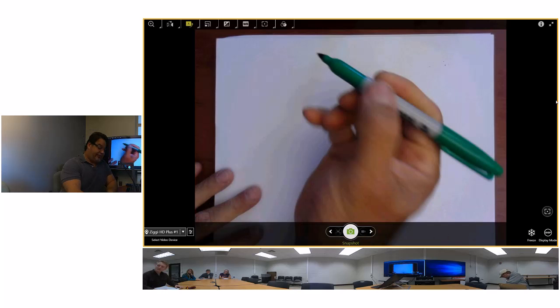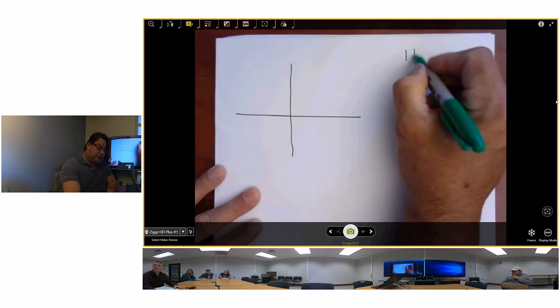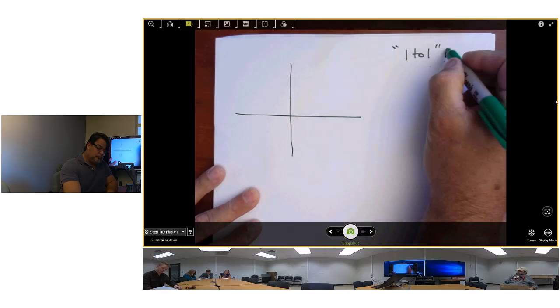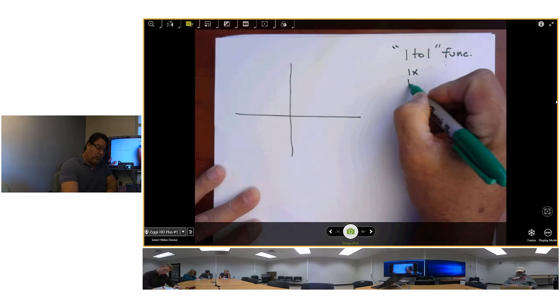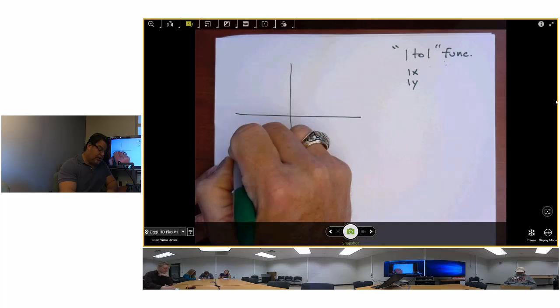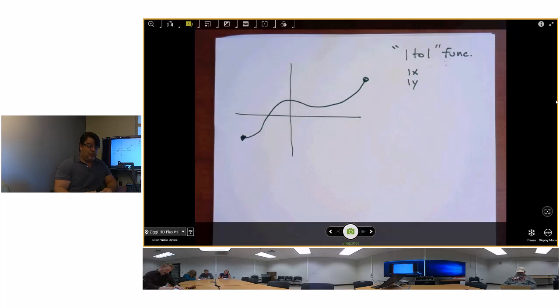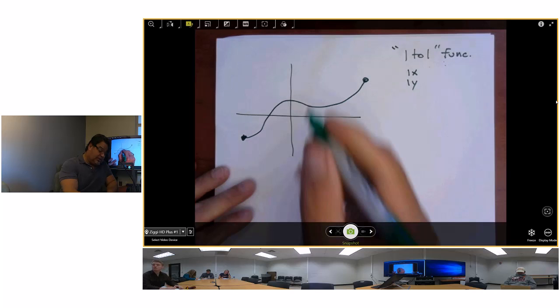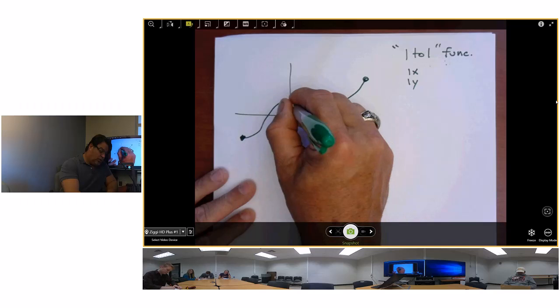In the case of any of your functions, it's easier to see this graph-wise. A one-to-one function is basically 1 x and 1 y. So if you have a function and it goes something like this, you know that is a one-to-one function because for each x you have 1 y.